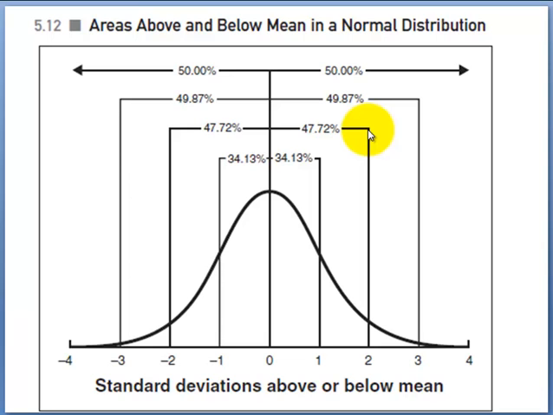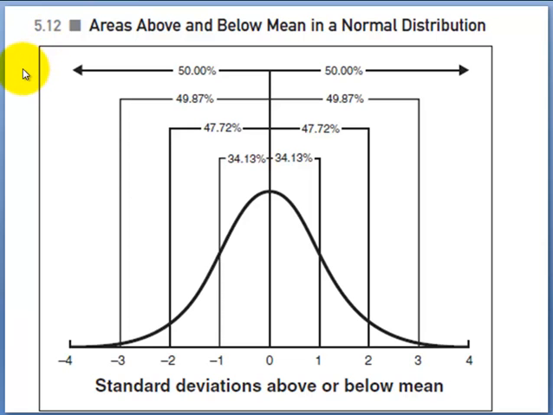We would simply divide 95%, it's actually 95.44%, by 2, and therefore 47.72% of cases are between the mean and two standard deviations above the mean. And similarly, 47.72% are located between the mean and two standard deviations below.